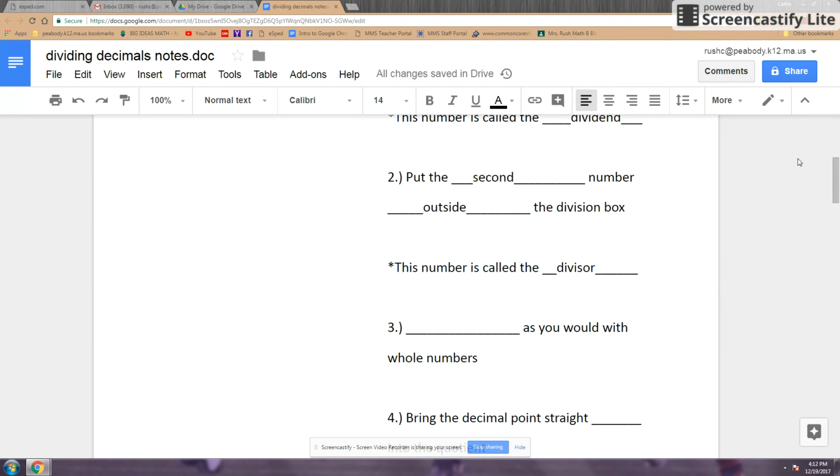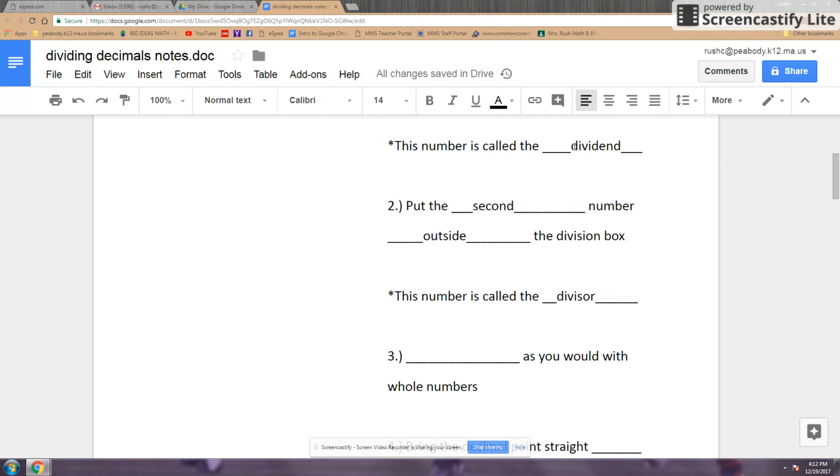If you look at these two words, guys, dividend right here, and then divisor down here, notice that they both start with D-I-V-I, kind of like the word divide starts with D-I-V-I, okay? So dividend goes on the inside, divisor is the number on the outside.